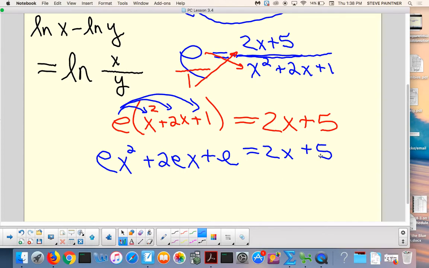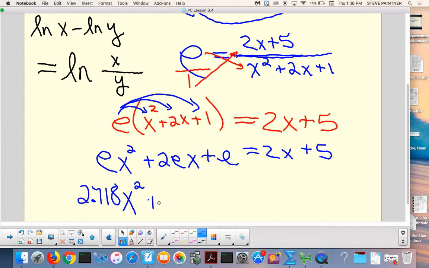Does the e bug you? Yes. You know what the e is? It's a number. Let's just put a number in so it doesn't bug you. What is e? e is 2.718.